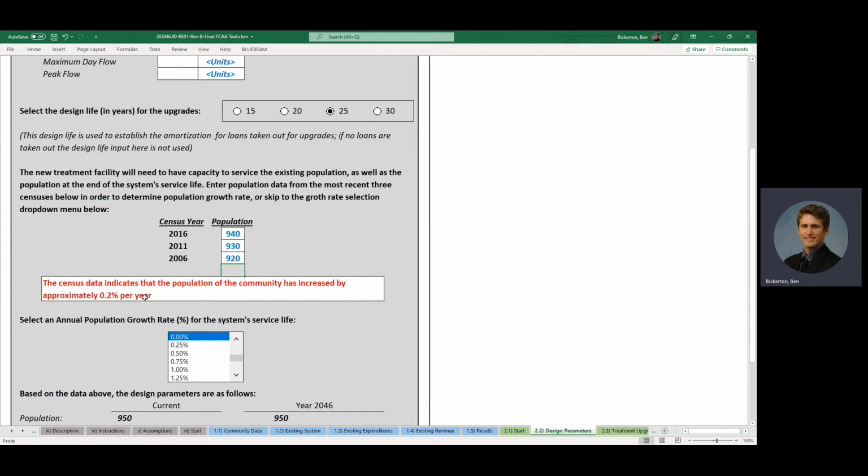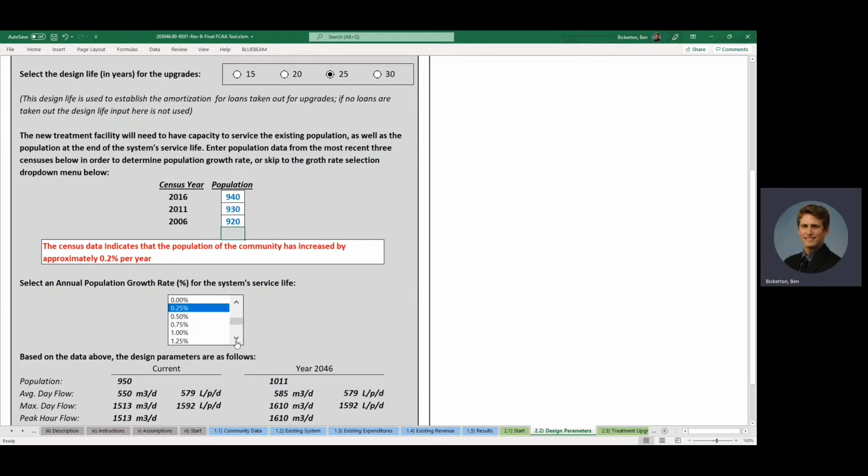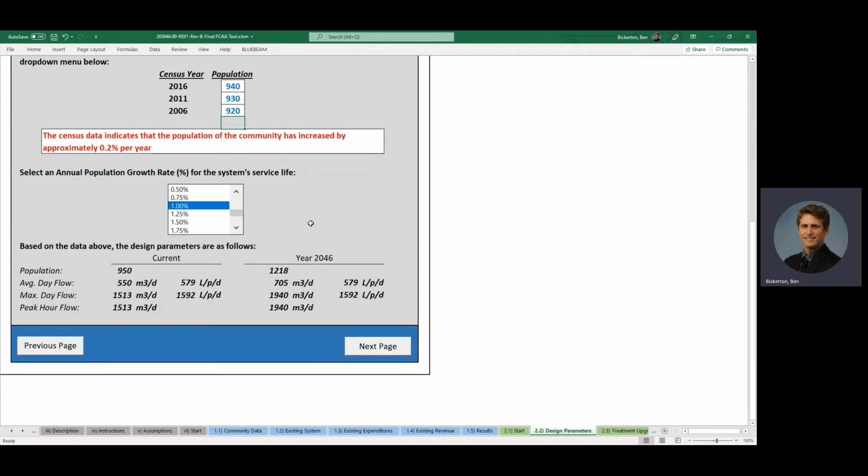So this census data suggests a 0.2% per year increase, and we can select that below, or we can choose to say we expect a higher growth rate at say 1% per year for the system service life, which we picked as 25 years. So based on those inputs, our current population and flow is to the left, and to the right we have future population, which is increased over 25 years, and an average flow which is increased accordingly.